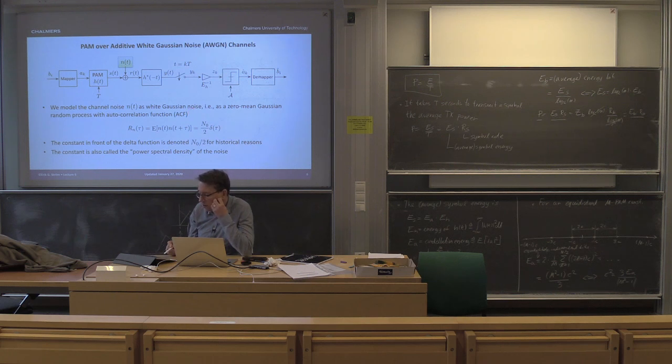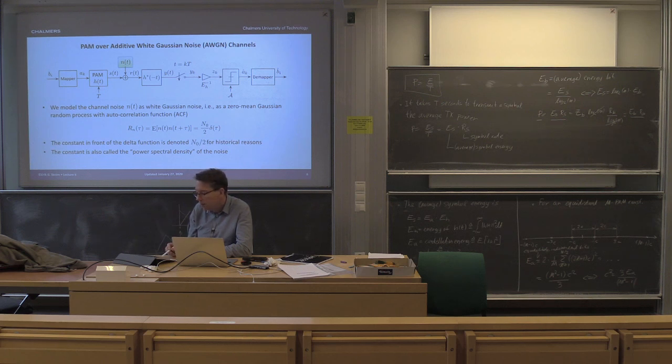Well, it means that we have a random process, which is a sequence of random variables, where each random variable, if I sample n of t here, we get a Gaussian random variable. And if I sample n of t at 2 different time instances, these random variables are independent of each other, then we get white Gaussian noise.